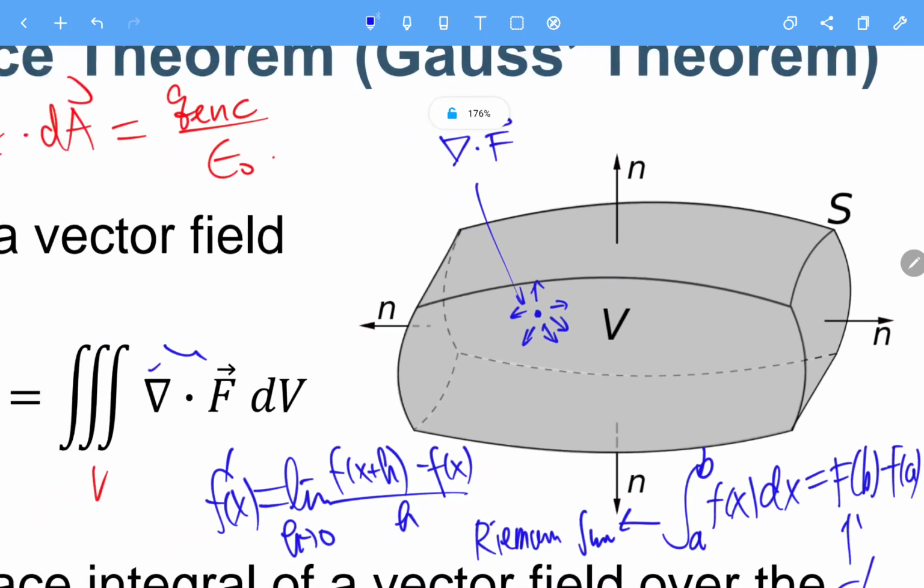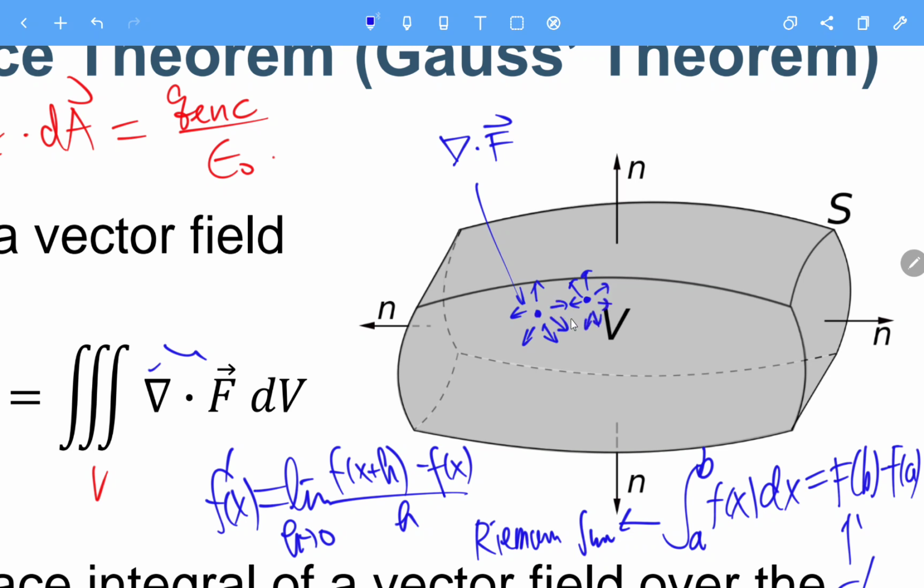So when we calculate the divergence of f over the volume, say this point and this point are adjacent to each other, then for this point it also relates to how much f is flowing out.